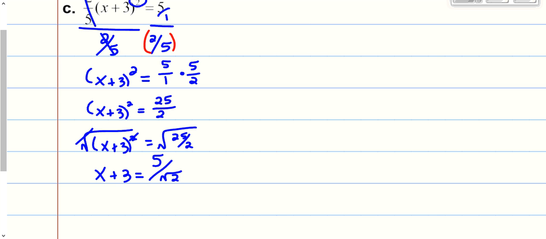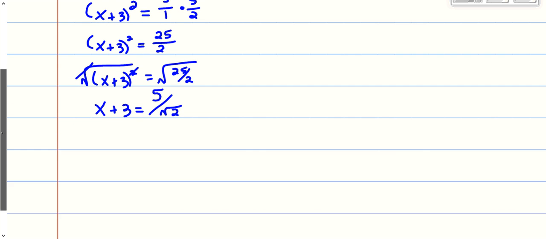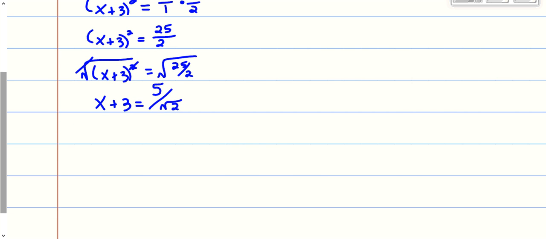But there's a big problem there because you cannot have the square root in the bottom of a fraction. So we have to do what we call rationalizing. When you rationalize something, you are multiplying. So right here, I'm going to have to multiply the top and the bottom by the square root of 2. And that's going to help me get the square root out of the bottom of the fraction.